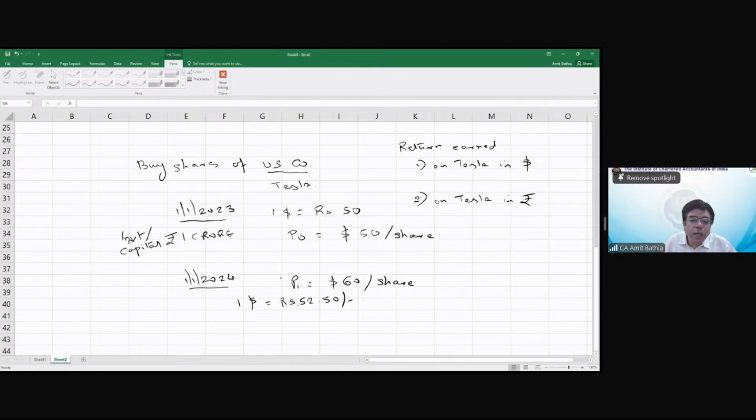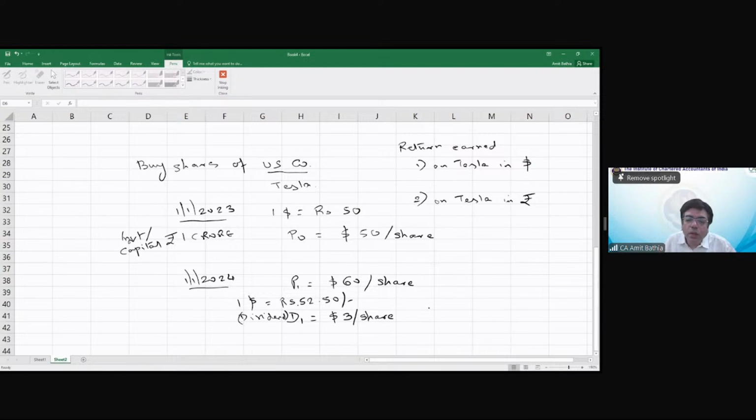And say, for example, I give you additional information over here that D1, that is the dividend during the year, right? So let's say the dividend which was paid as on 1/1/2024 was, say, $3 per share.